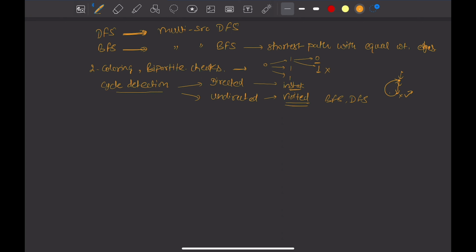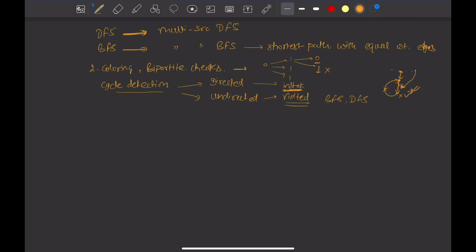But if I'm done processing this node and this edge was not there, that means there was no cycle, and this was pointing here, so it is not inside the stack. Yeah, so this vector covered. I think in Tarjan's algorithm also we used this kind of thing in stack.